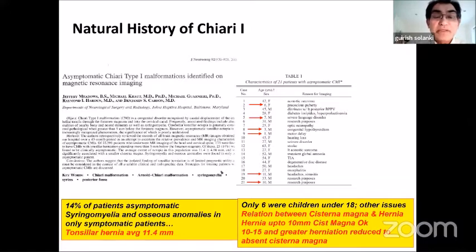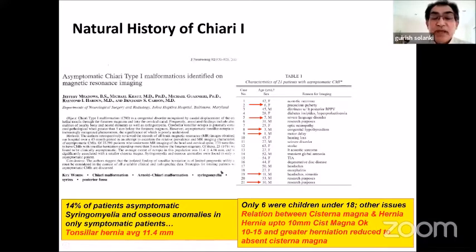I think the largest radiological study that's been carried out was at Johns Hopkins by Benjamin Carson and Jeffrey Meadows, published in 1992, of 22,591 patients at consecutive MRI imaging. 175 of those patients were found to have Chiari 1 malformation, extending more than 5 millimeters below the foramen magnum, and 14%, which is about 25 patients, had a Chiari which was clinically asymptomatic.